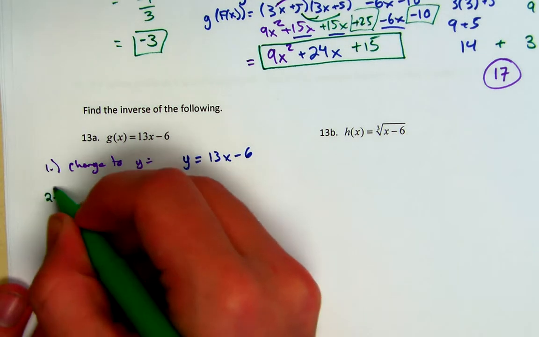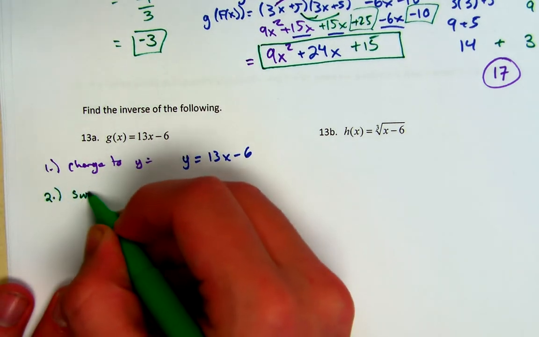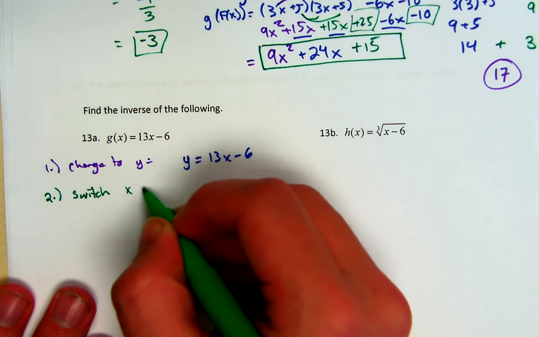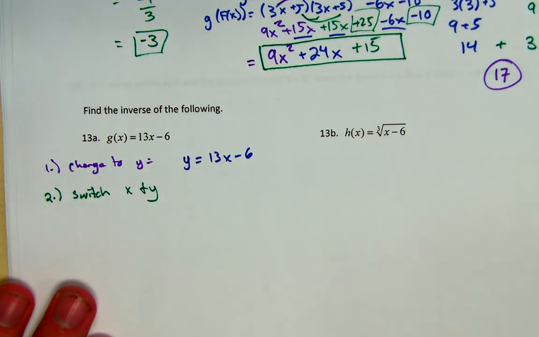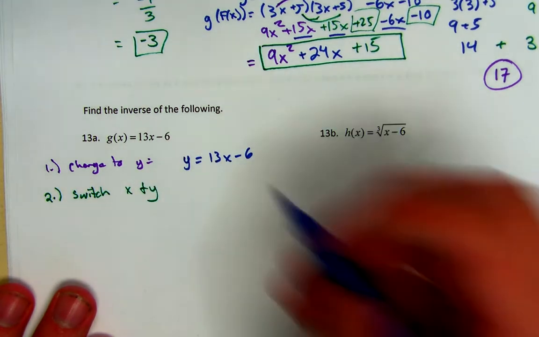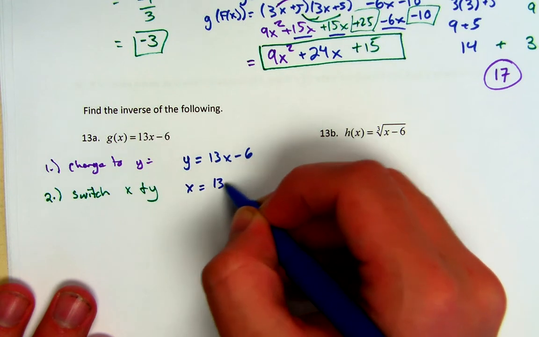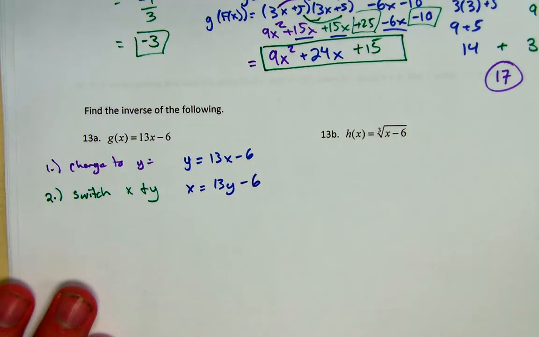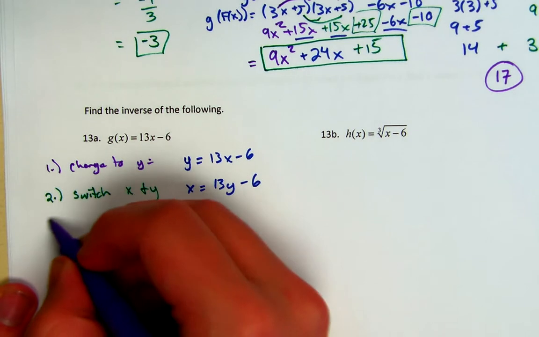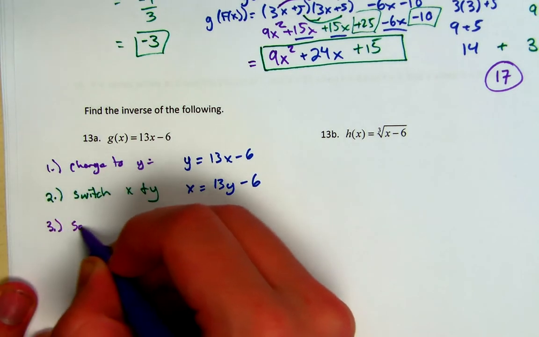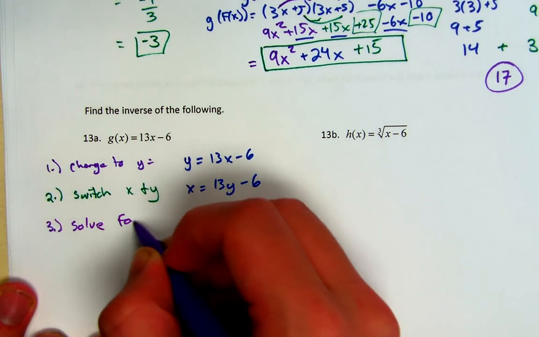Step 2 is switch x and y. So we get x equals 13y minus 6. And now, step 3, solve for y.